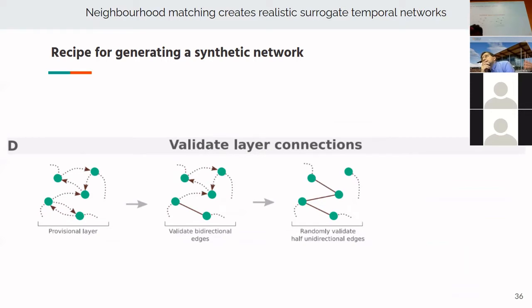The reason why we are using only half of them is that, since you are considering all possible nodes as an ego, each edge has been seen twice. And here is why we remove it. Once we do it, there is the last part in which we have these stubs, and we randomly connect stubs among them.